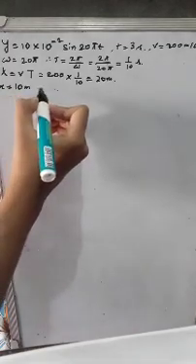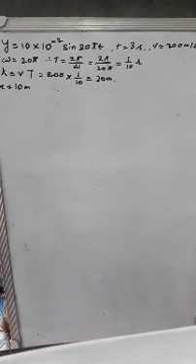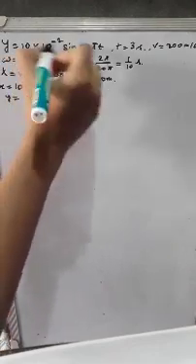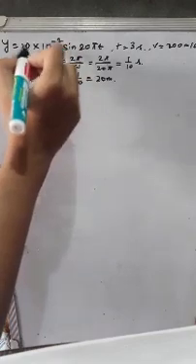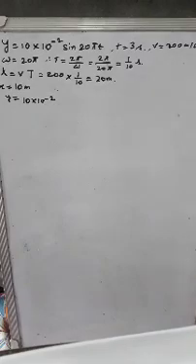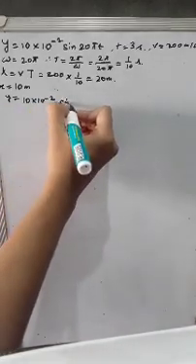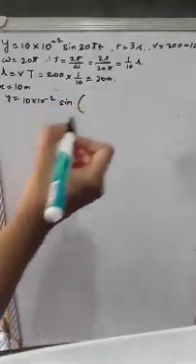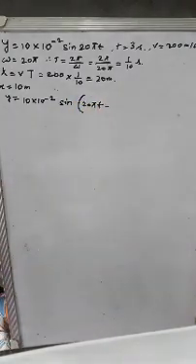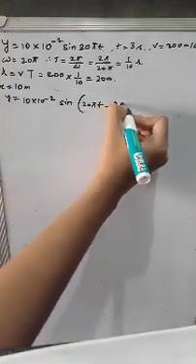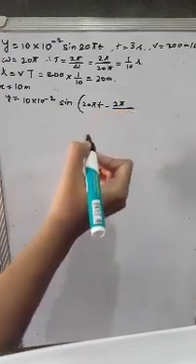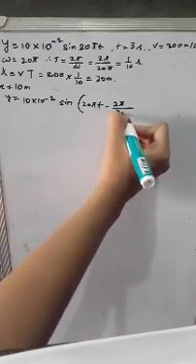Your y will be, that is the equation of oscillation of the point, y is the a part, the amplitude part, that is 10 into 10 to the power minus 2 sine within bracket 20 pi t, it is your omega t, minus 2 pi by 20 into 10.